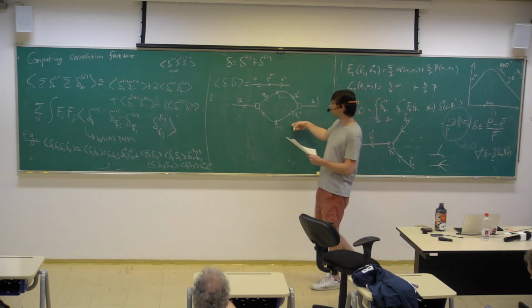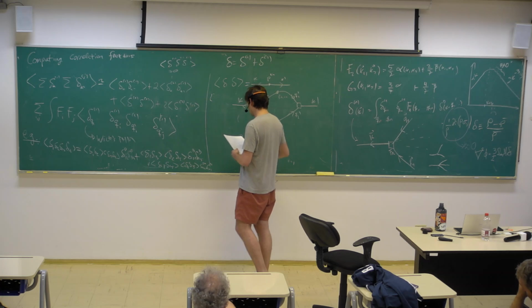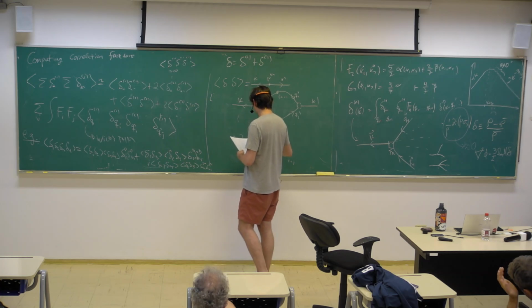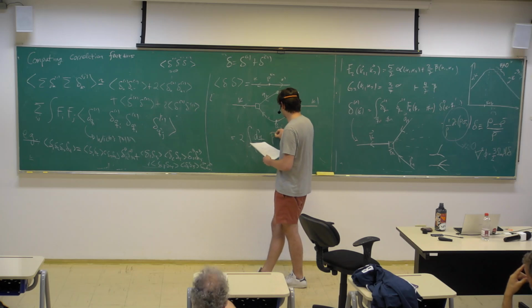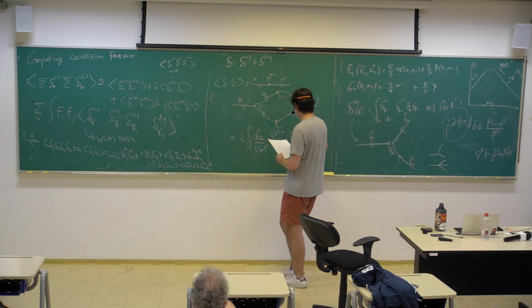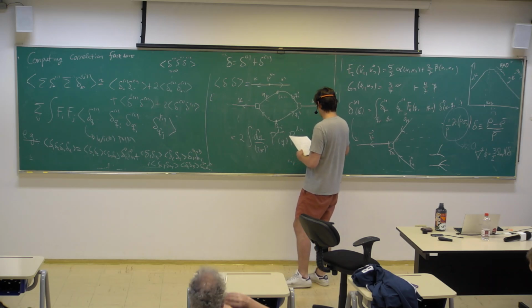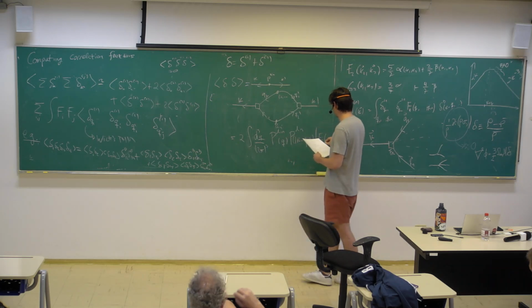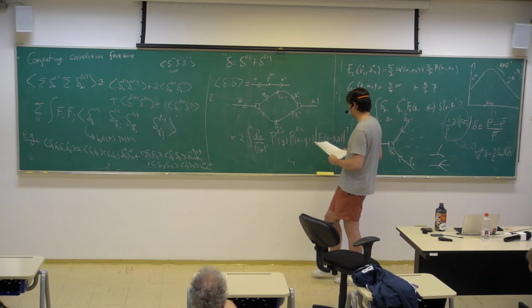And so as far as equations go, this ends up looking like 2 times the integral of d3q over 2 pi cubed, P linear of q, P linear of k minus q, and then 2 powers of F2 of k minus q, q.